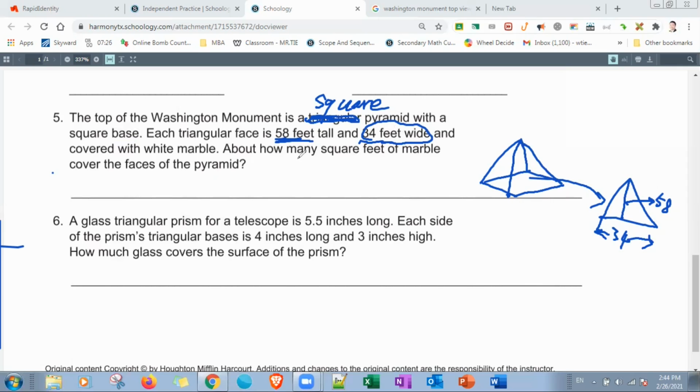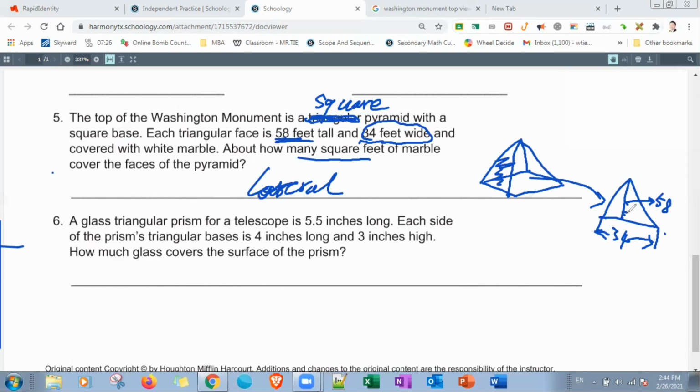How many square feet of marble to cover the face is talking about the lateral area. Because the base you don't need. It continues down. It's a very big marble thing they built. So all we need to do is find the lateral area. No top, no bottom. Finding one face multiplied by 4.